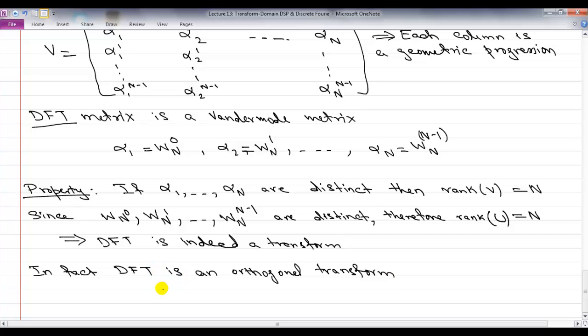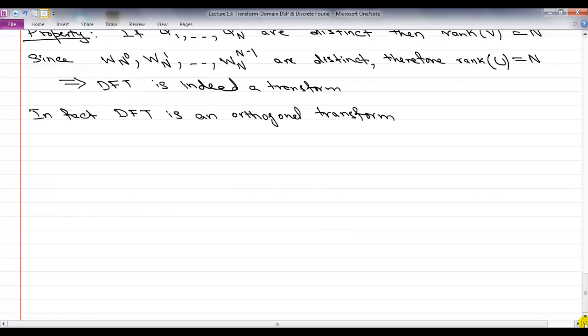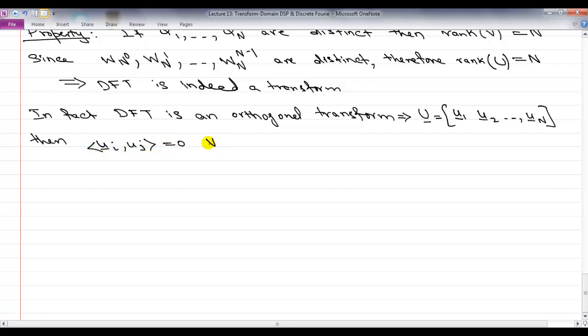Which means that if I write my U as different columns, U1, U2, up to Un, then the inner product of Ui and Uj is 0 for all i not equal to j.